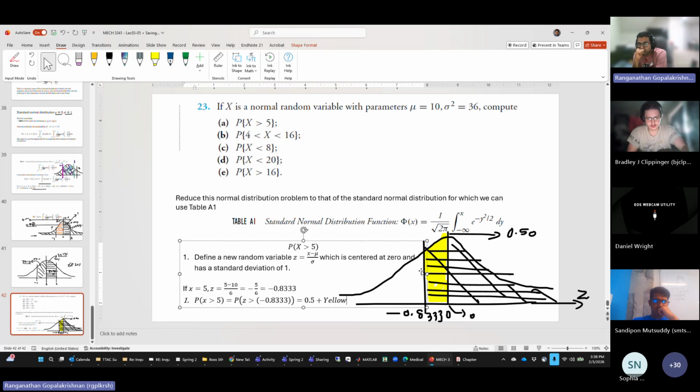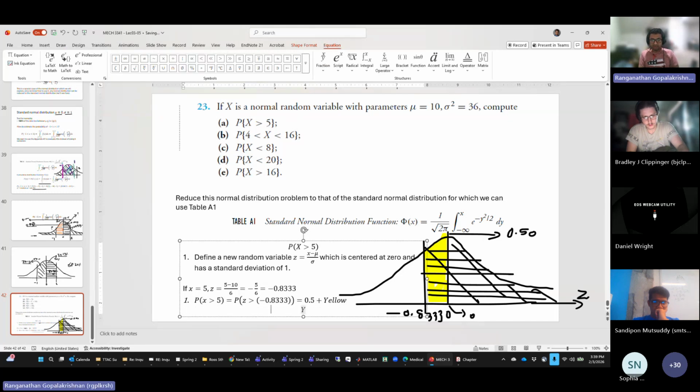How do you figure out yellow? You just find the positive 0.833 value and subtract it from 1, or from 0.5. If you take whatever's on the right side, it would have to be on the left side. Right, you subtract it twice. You're right. That is yellow.